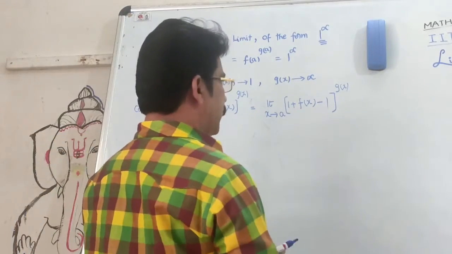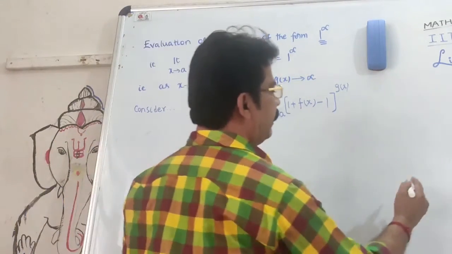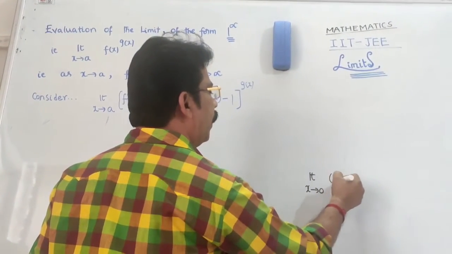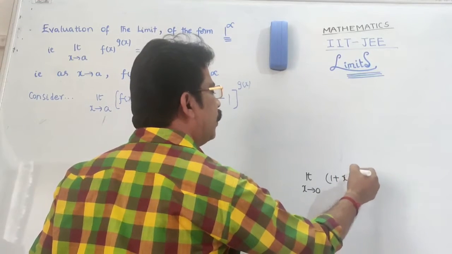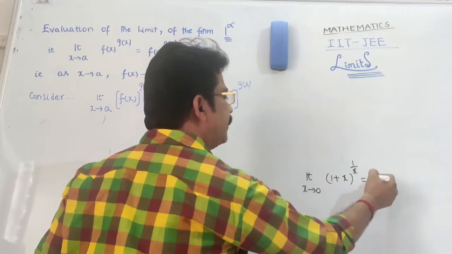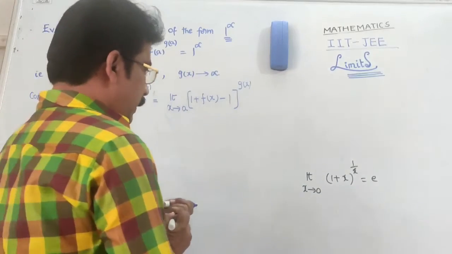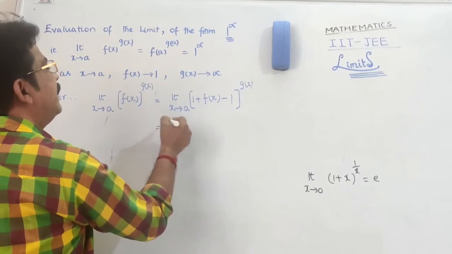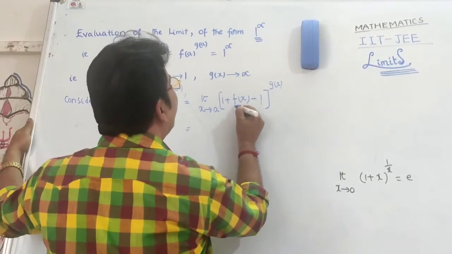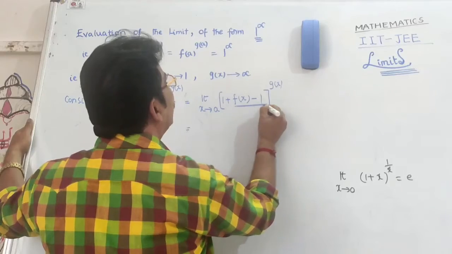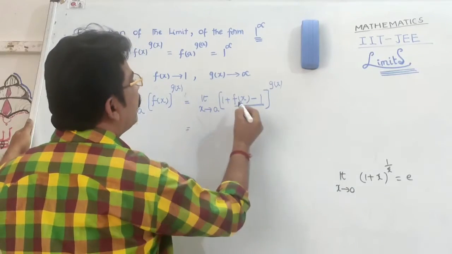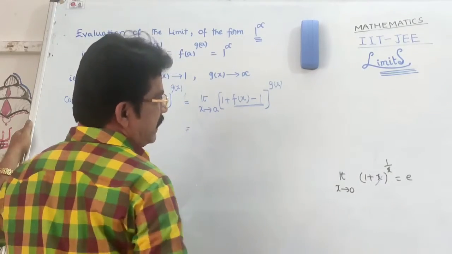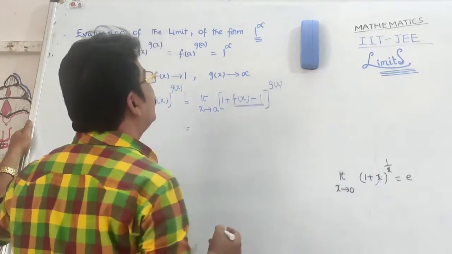Now we already know one standard formula: limit as x tends to 0, 1 plus x whole to the power of 1 by x is equal to e. So here, f of x minus 1, let it be one function, then it is in the form of, means instead of x, f of x minus 1 is there. Instead of 1 by x, g of x is there.